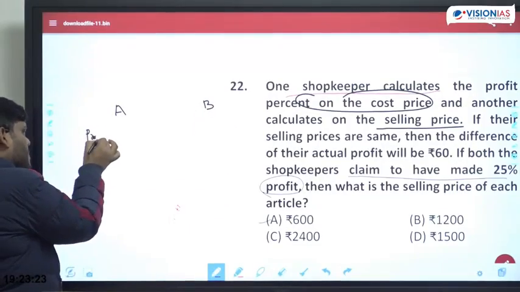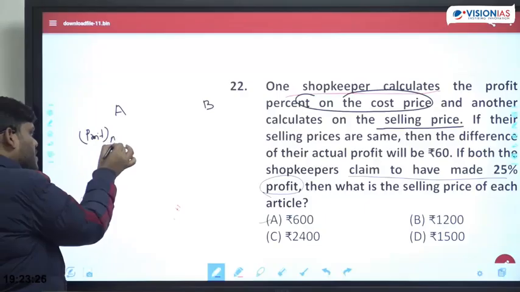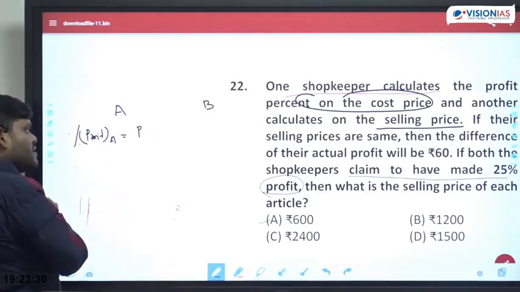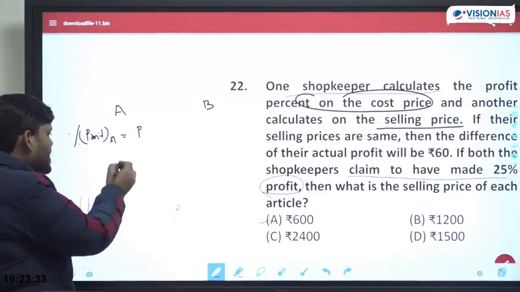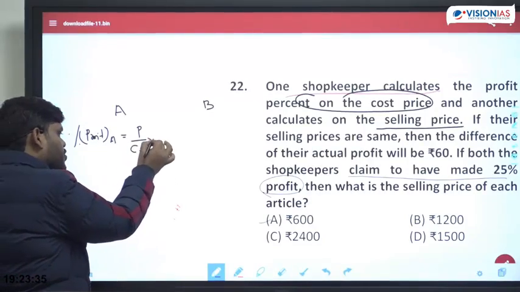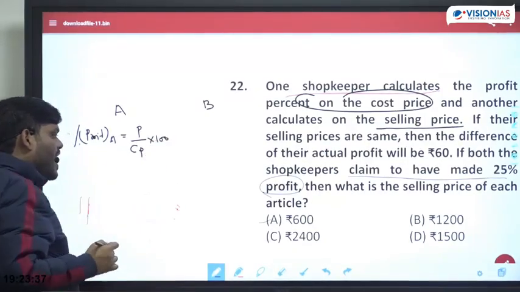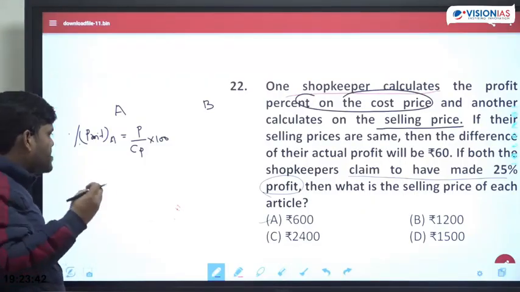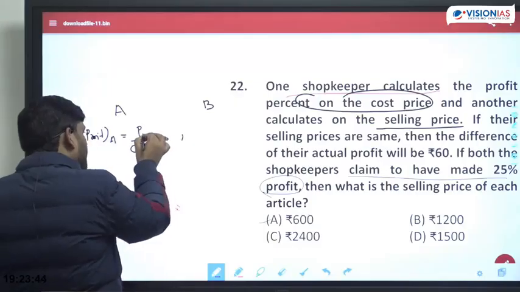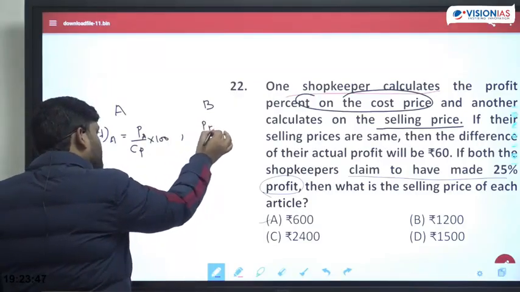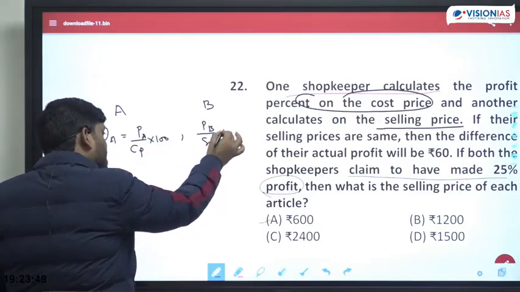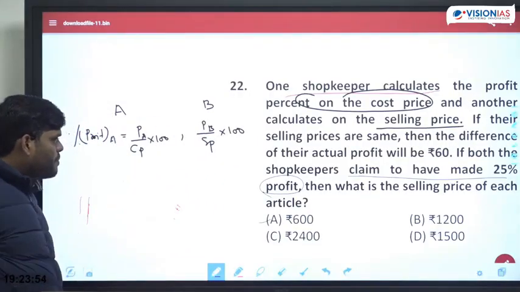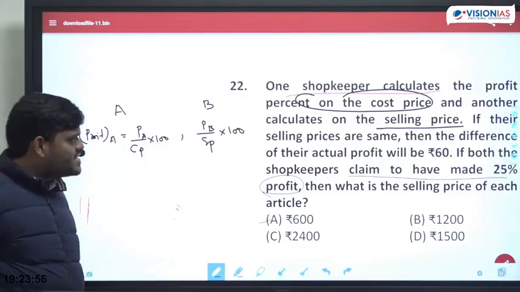Shopkeeper A is making profit on CP. That means percent of profit is profit upon CP into 100. And another shopkeeper is making profit on selling price. Now profit of B, by mistake he is calculating on the selling price.